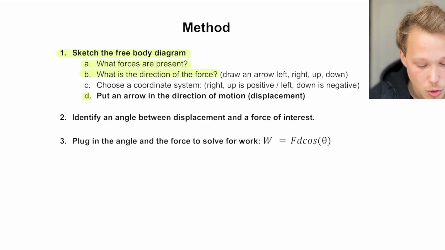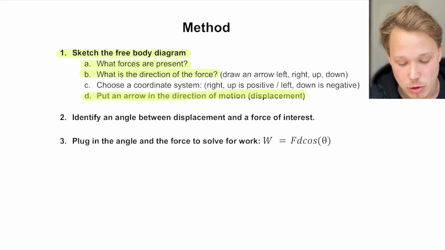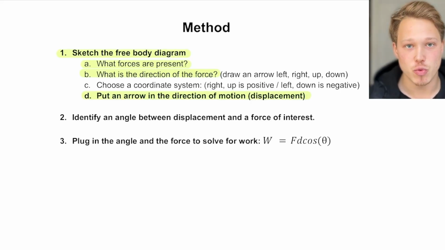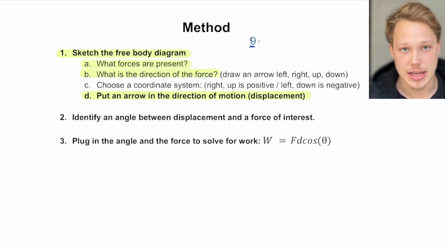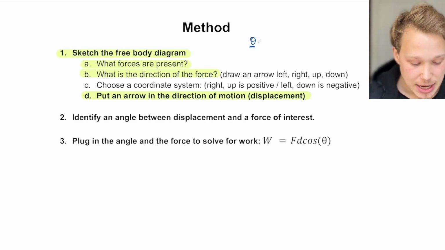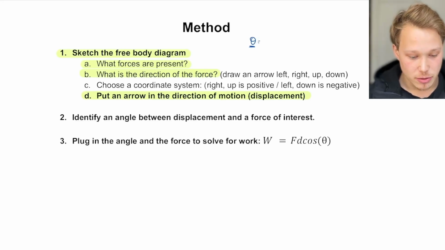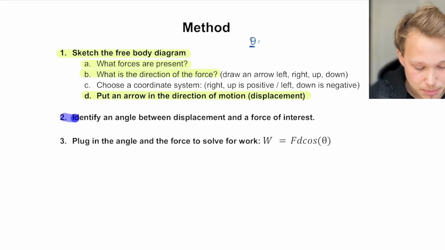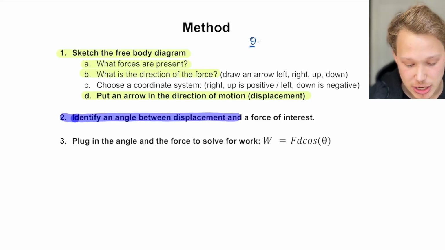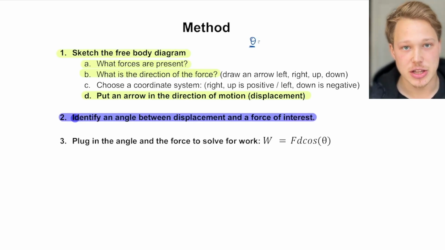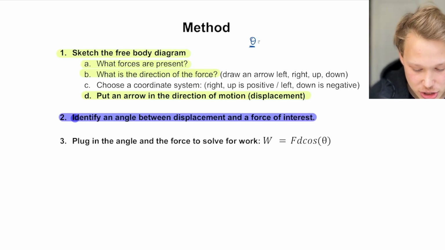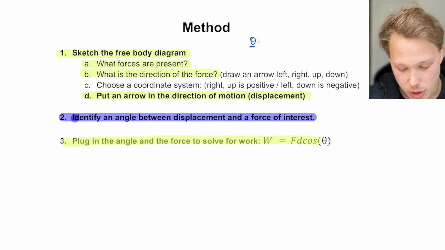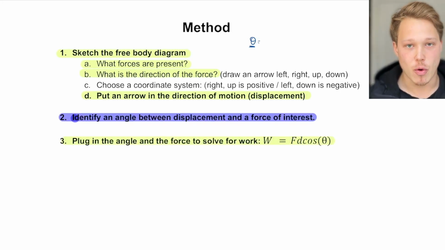And then I also recommend putting an arrow in the direction of motion, because we need to know in which direction it's moving, and it will help us figure out what this angle theta is. The second step is to identify the angle between the displacement, so the direction of motion, and the force of interest, the force for which we're calculating the work, and just plug it all into the equation. So a pretty straightforward method.